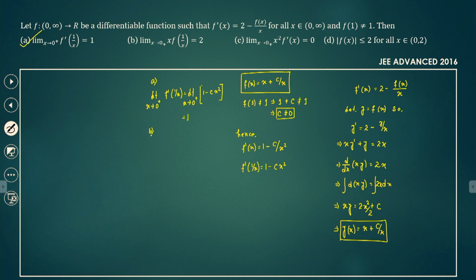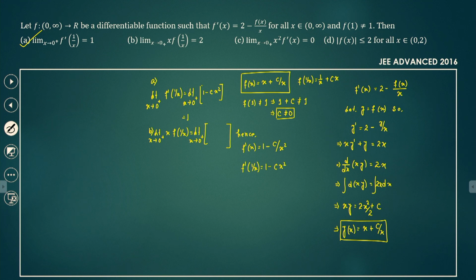Go for option B. So option B says that limit x tends to 0 plus x into f of 1 by x. So let's calculate that. f of 1 by x will be this one, right? So f of 1 by x will be definitely equal to 1 by x plus cx.